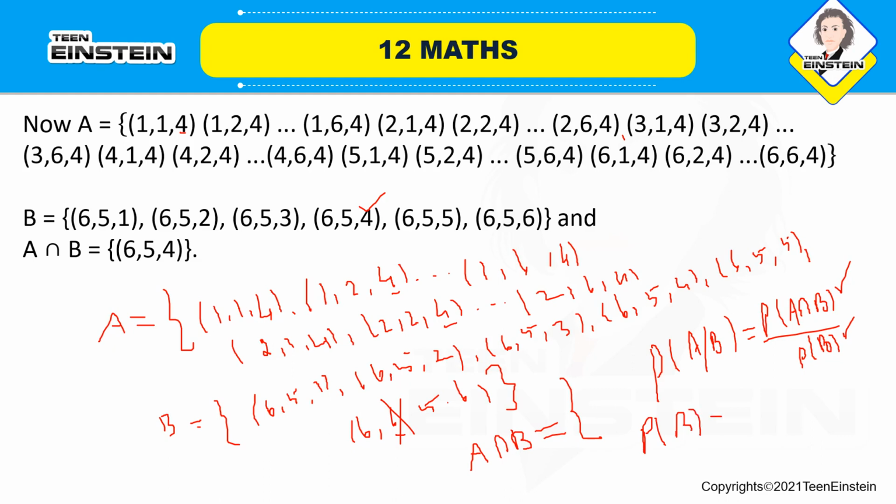P of B is N of B by N of S. That is the number of elementary events favorable to the event B divided by the number of elements in S. After calculating P of B and P of A intersection B, we can substitute the values here and we will get the answer P of A given B. Okay, so how many elements in B? 1, 2, 3, 4, 5, 6. There are 6 elements in B. So let us calculate all these things.